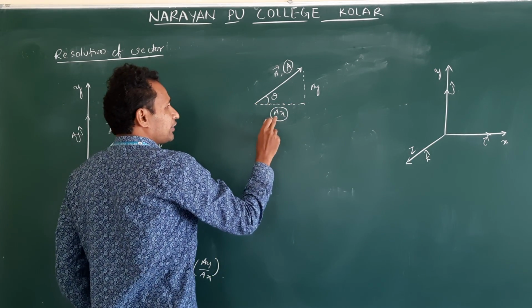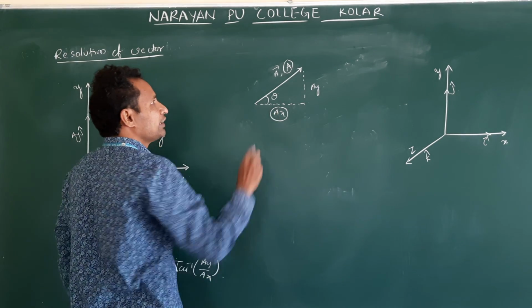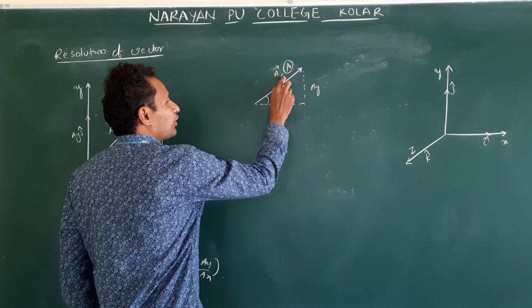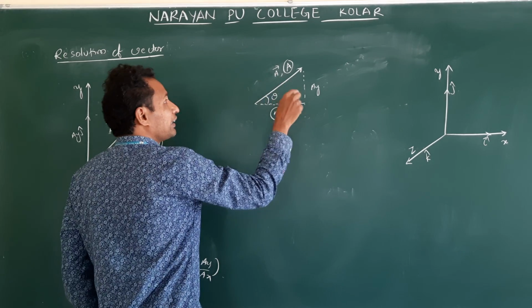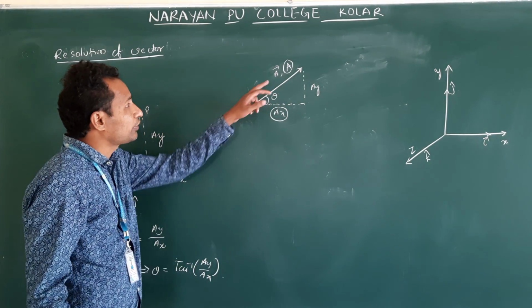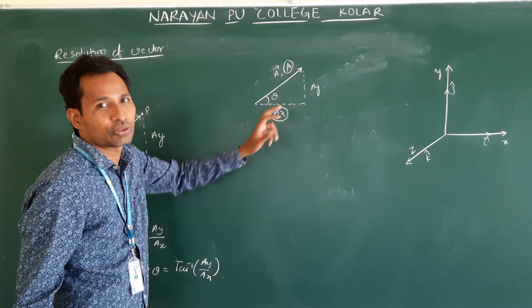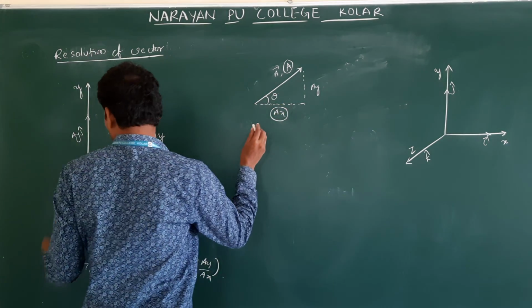Our intention is to find Ax. Which trigonometrical ratio contains the hypotenuse and adjacent side? Hypotenuse and adjacent side. Which trigonometrical ratio? Cos theta.